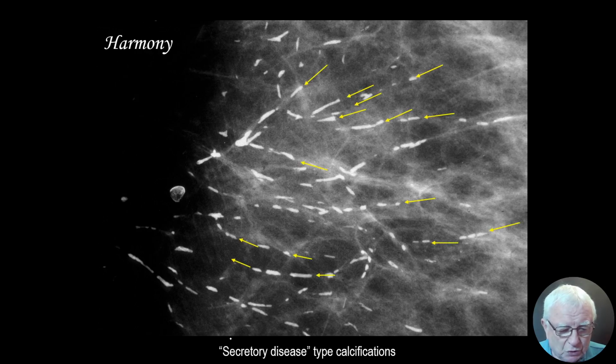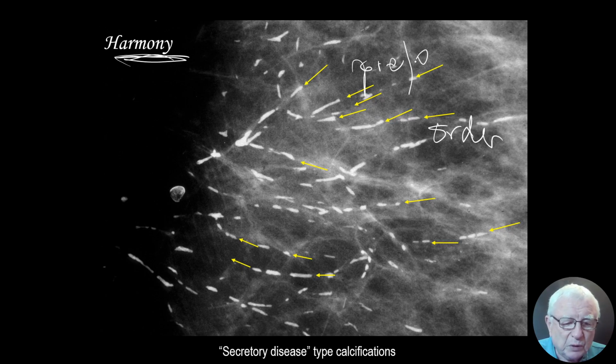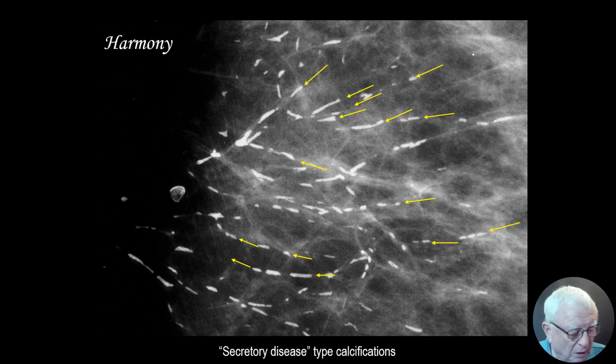But please note that there is a nice harmony here. There is order here. Why? Because these are her own pre-existing ducts. When we are going to talk about neoductgenesis, then you will see many side branches.